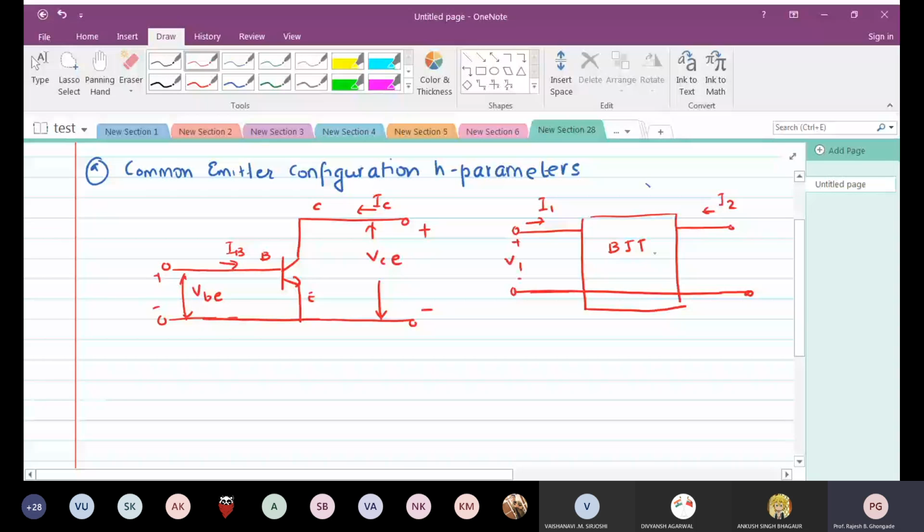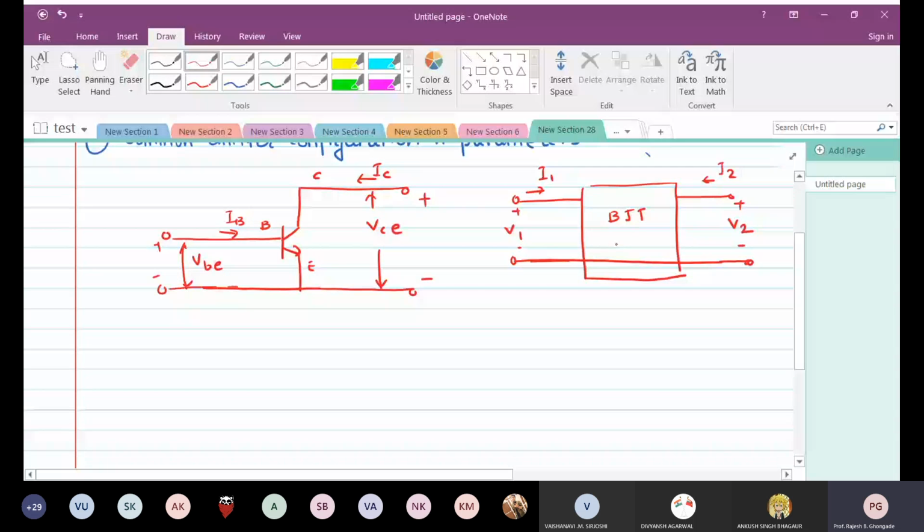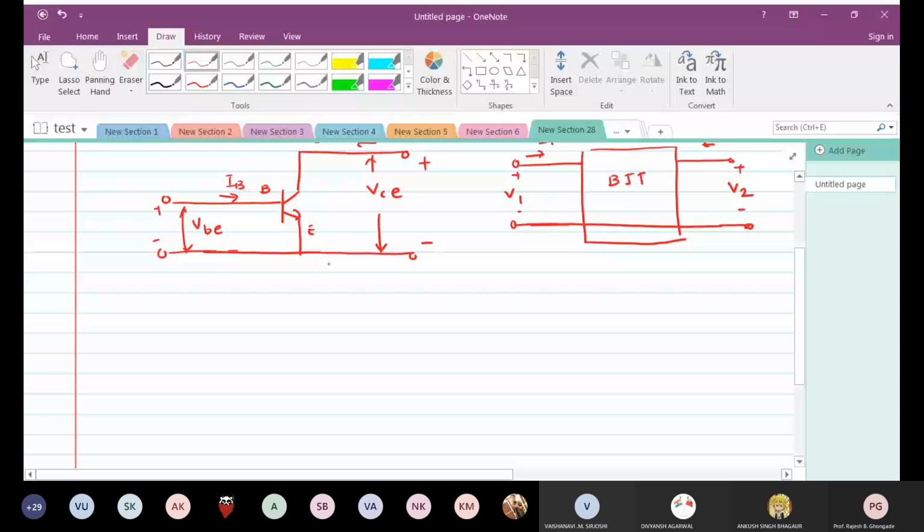What I'm doing is simply keeping the same polarities here, and then my V2 will be minus VC. It doesn't matter, it's just a change of polarity if that turns out to be like that. Are you getting this? Yes or no? Yes, sir.